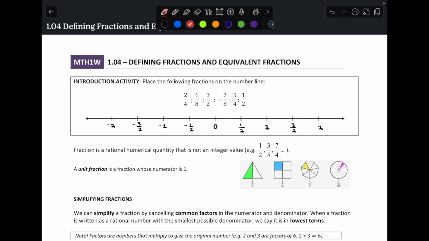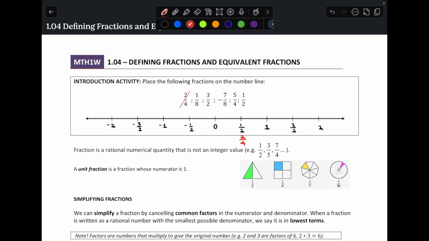So if we look at 2 over 4, 2 over 4 is the same as 1 over 2, which gives us a decimal of 0.5, and so we can write it in the same spot as 1 over 2.